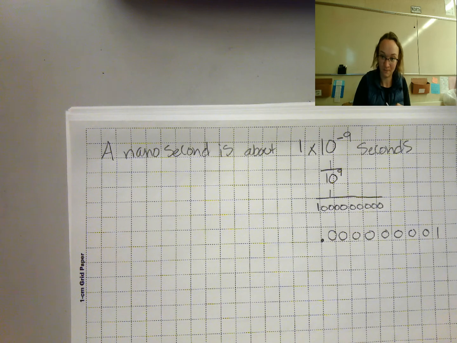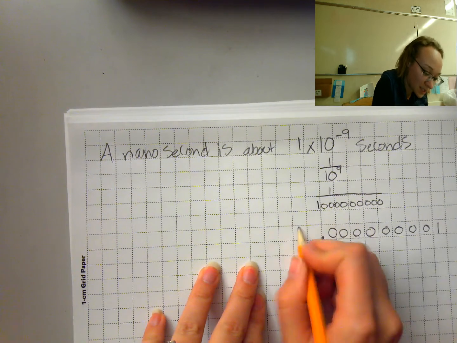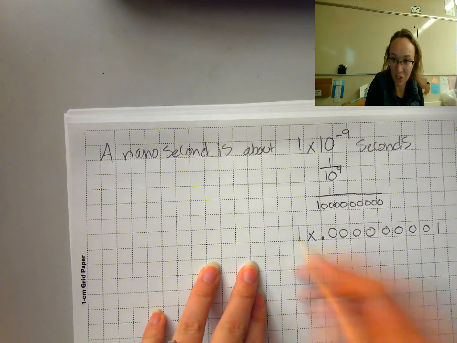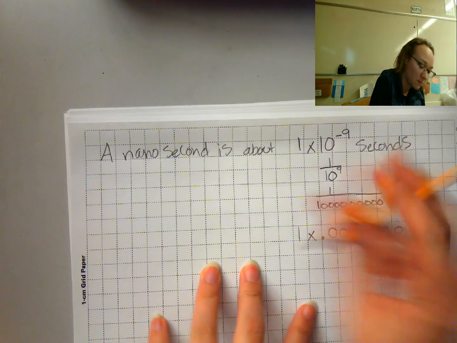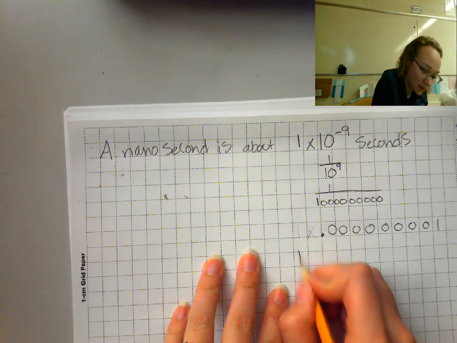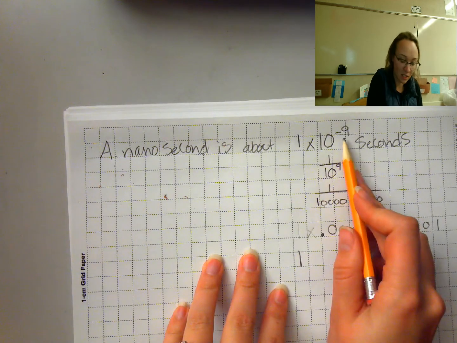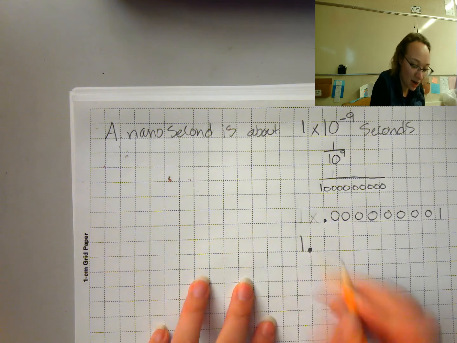the other direction. Okay, so if I had 1, and then I'm doing 1 times this, which is obviously just that, right? Because it's just a 1 there for this specific problem. But normally what you would do is you would take the 1, and then I know it's going to be to the negative 9, so I put the decimal in where it starts, which is right there, and then now I have to go backwards.